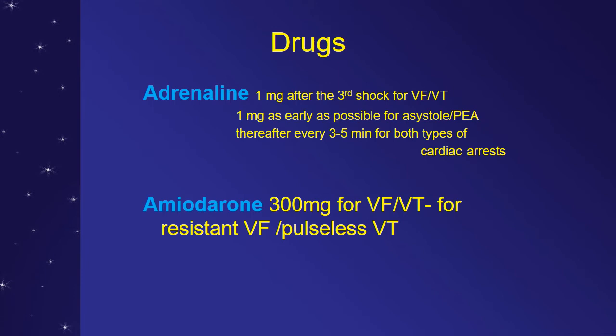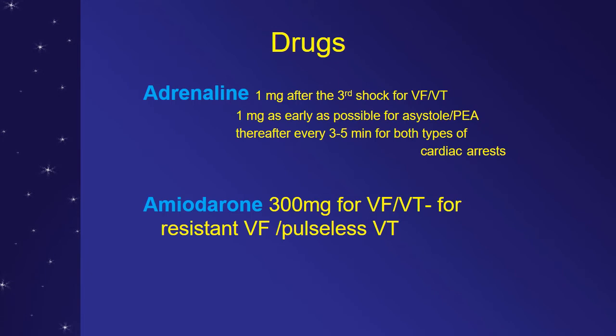So, you take 1 milliliter of 1 in 1000 adrenaline, and that is 1 milligram, and you have to deliver it after the third shock when it comes to shockable rhythms like VF and VT, or if it is an asystole or pulseless electrical activity, deliver 1 milligram as early as possible. And thereafter, you have to deliver adrenaline every 3 to 5 minutes in both types of cardiac arrest.